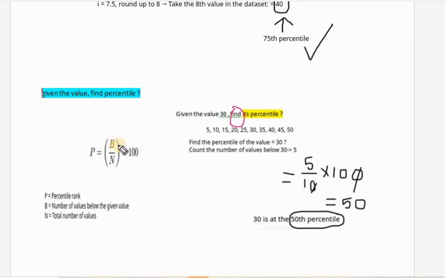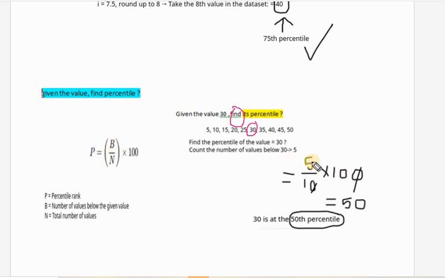If the value is already given, to calculate the percentile, B is the number of values below the given value. The data is already sorted, so we can easily calculate how many values are below. In this case we are calculating for 30. Below 30 we have 5 values, so the B value is 5.